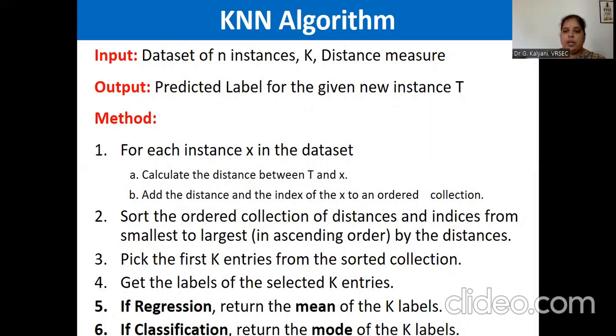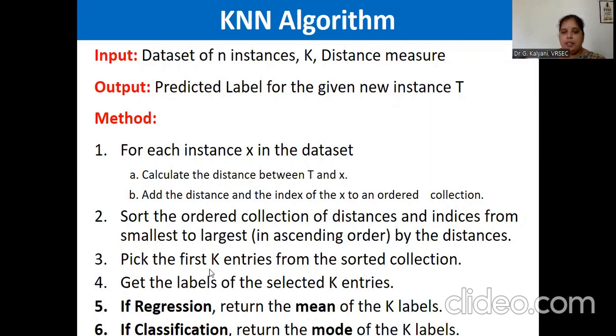Because based on the value of k, we need to select the k minimum distances. That's why in step 2, we sort all the instances in ascending order of their distances to the test instance. And in the third step, based on the value of k, pick the first k entries from the sorted order.